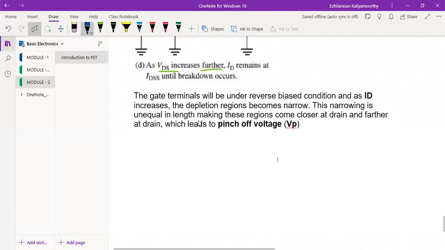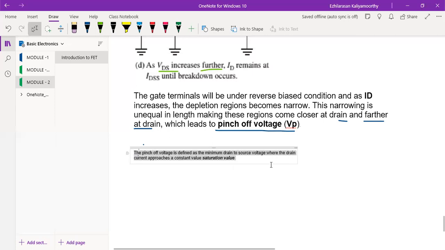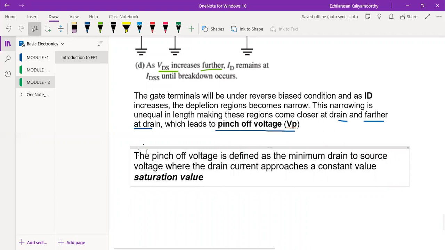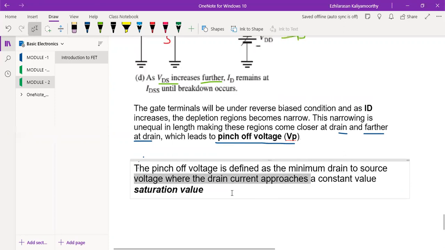This narrowing is unequal in length, making the region come closer at the drain, which leads to the pinch-off voltage. The pinch-off voltage is defined as the minimum drain-to-source voltage where the drain current approaches a constant saturation value.